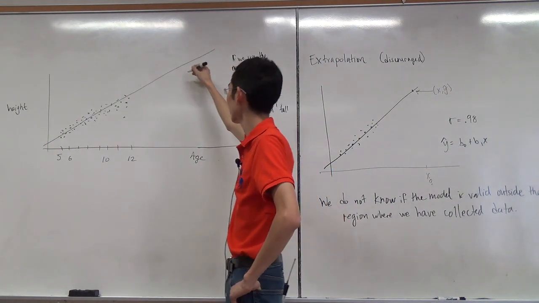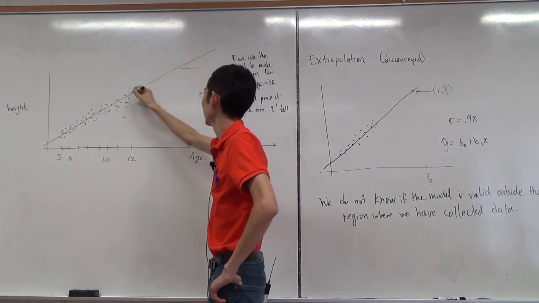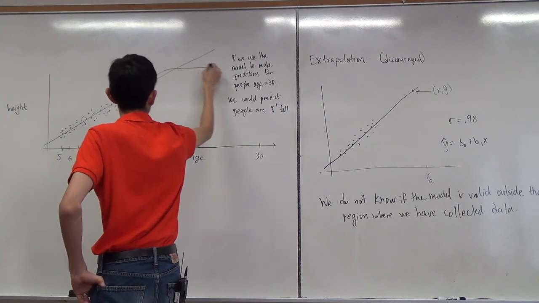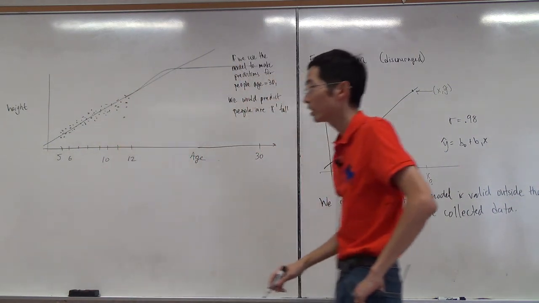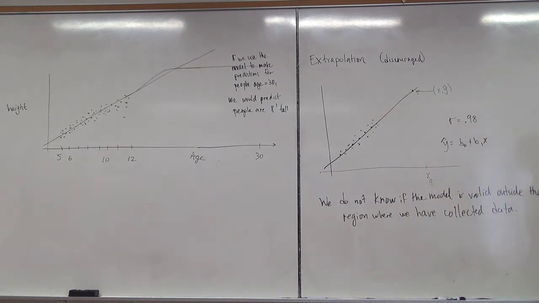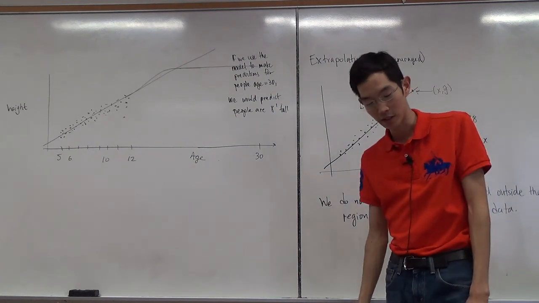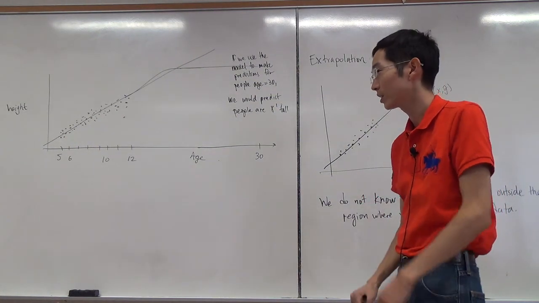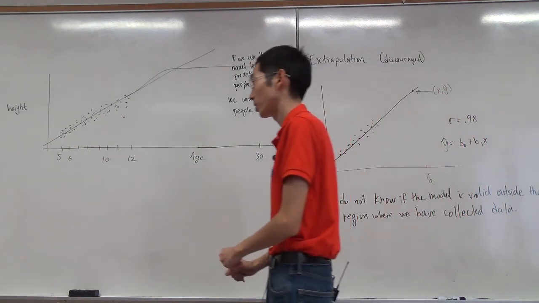And so the true model would go something like this. It would be wrong to continue extrapolating to people who are age 50 or 60 or 70, because then we would think that everybody keeps growing.